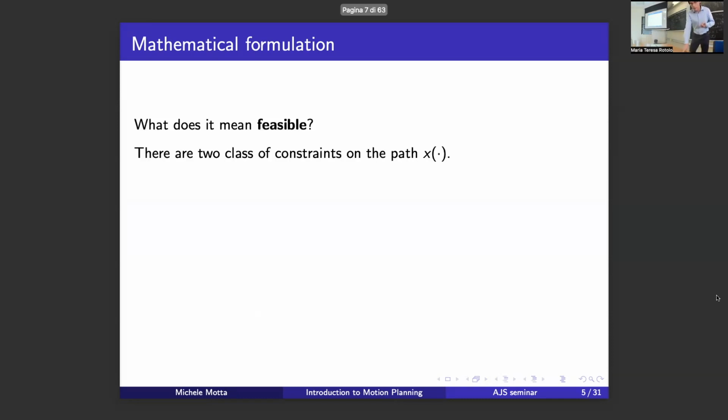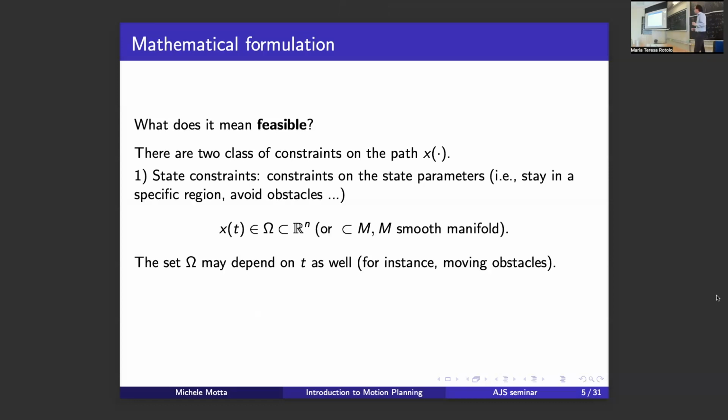What is feasible? We have basically two kinds of restrictions on the path that we want to find. First of all, we have the so-called state constraints. That is, we have a constraint on the set of parameters.